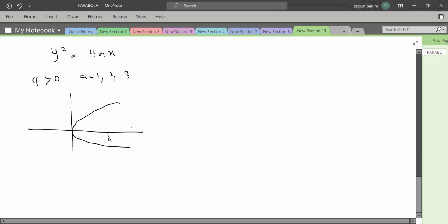But if a is less than 0, that is a is negative, taking a negative value, your graph will face this side. So that you understand, when you have a negative value attached to this, you know what it means graphically.